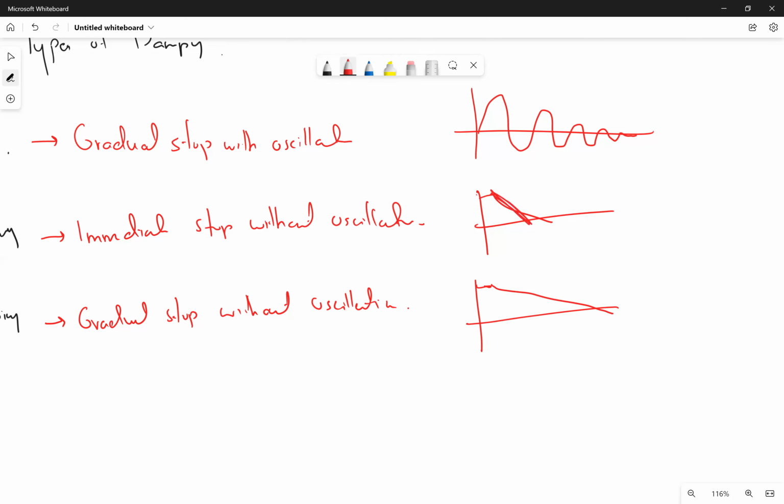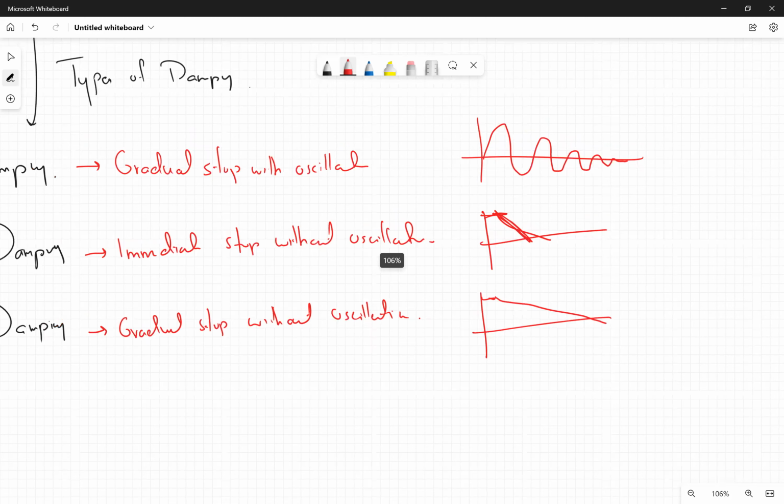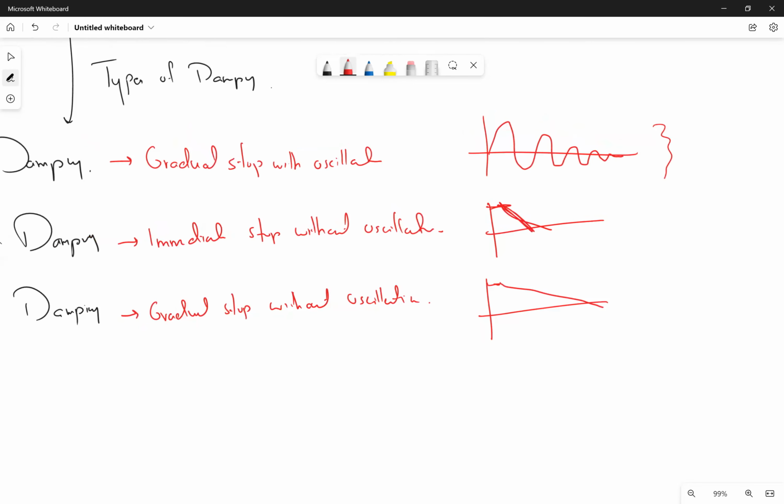This one, the second one. And the third graph is a little more slanting. Why? Because the stop is gradual, but there is no oscillation in this case. So only this graph will show oscillations. The first one, where you see it's very similar to the graph of a sine equation. Okay. Any questions so far?